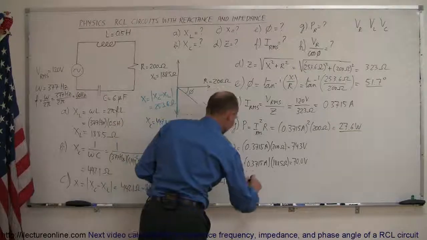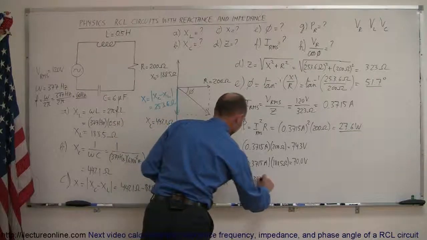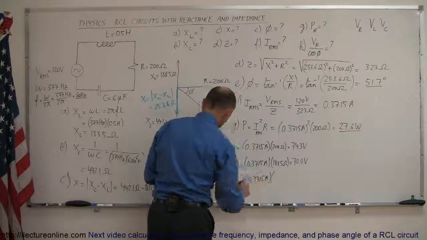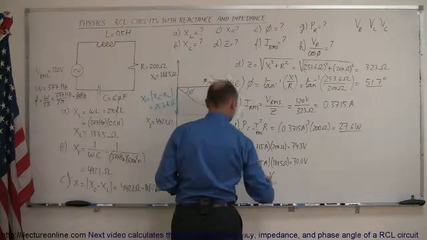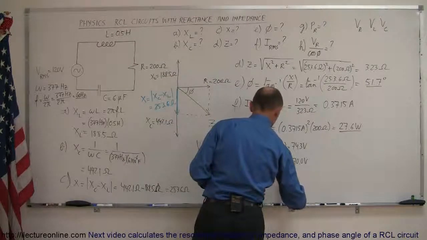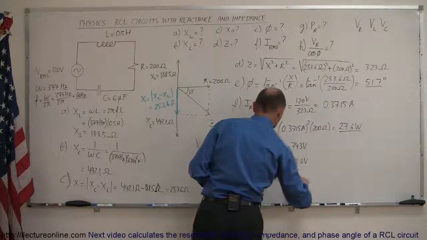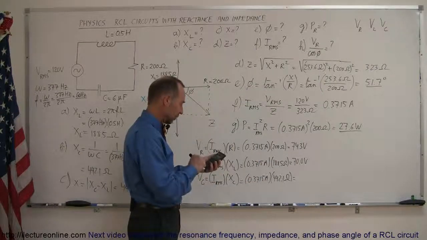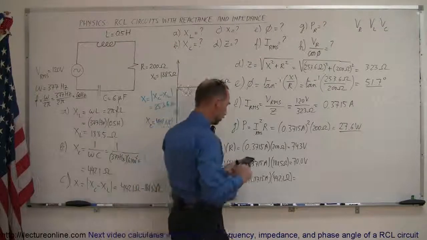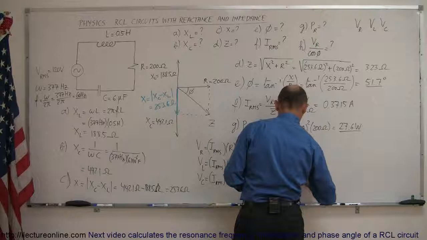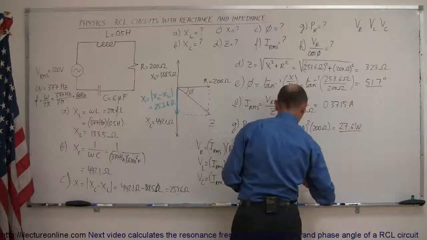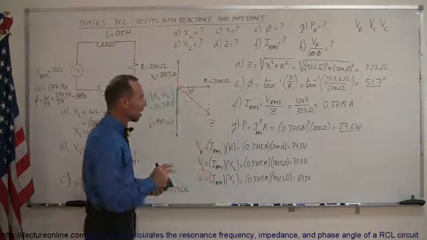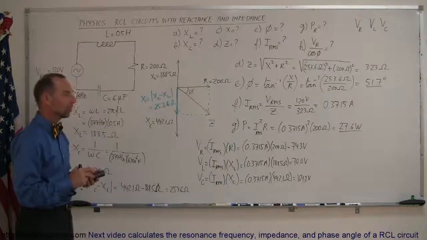So we take 0.3715 amps times the reactance, which was 442.1 ohms. Let's do that. So we get 0.3715 times 442.1, and we get 164.2 volts. So that would be the maximum voltage drop across each of those three devices.